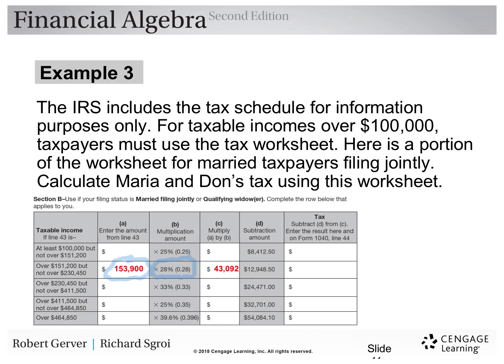When you multiply 153,900 by 0.28, they come out with $43,092. Now they take the amount from column C and go to column D and subtract $12,948.50, and they come out with their tax of $30,143.50 in this last column here.